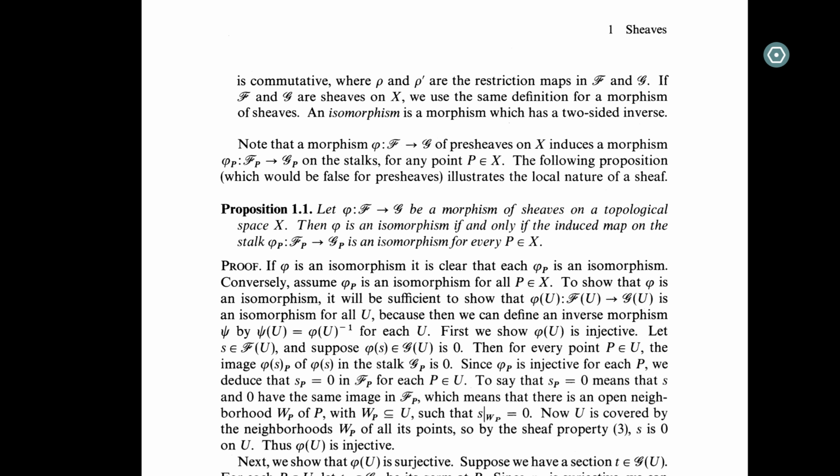If they are sheaves, then we use the same definition. And a morphism is an isomorphism if it is a morphism with a two-sided inverse. Note that a morphism of presheaves induces a morphism on the stalks. Okay.